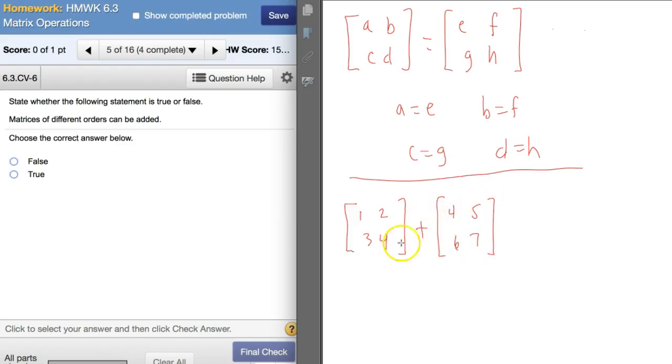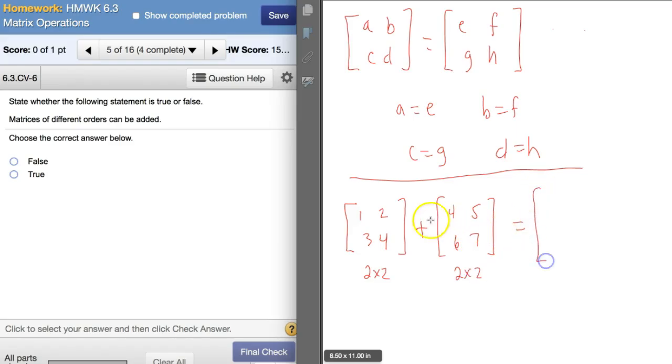Whenever we do matrix addition or matrix subtraction, in order to be able to do that, we have to have the same number of elements in the same places for each matrix. So this is a 2 by 2, and this is a 2 by 2.